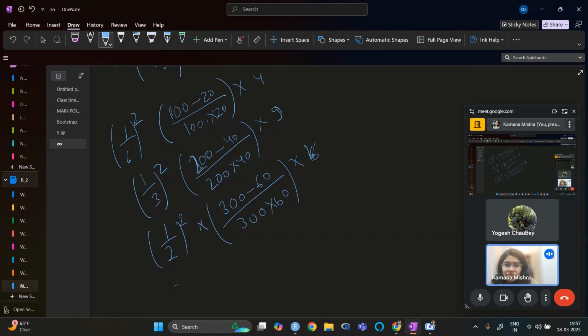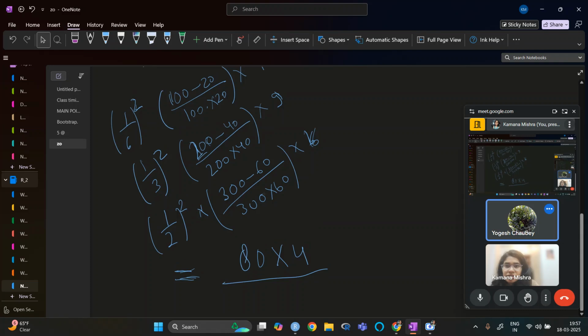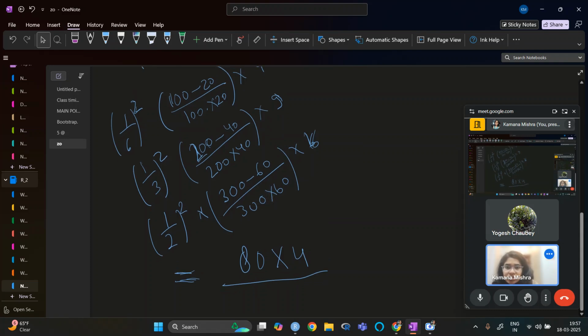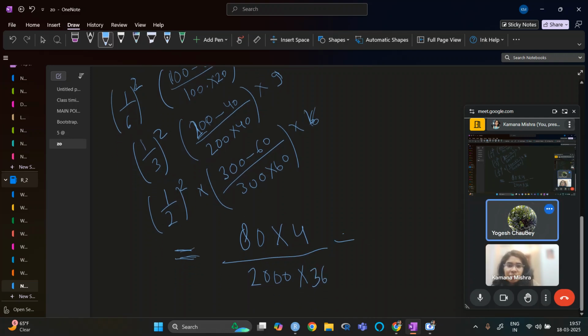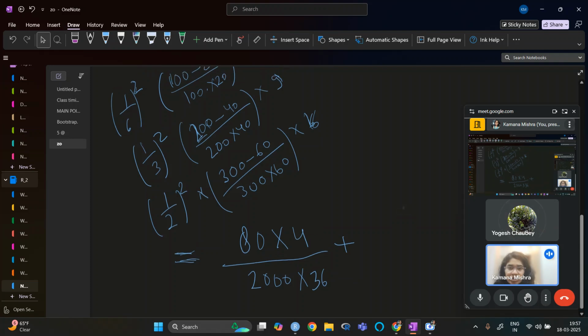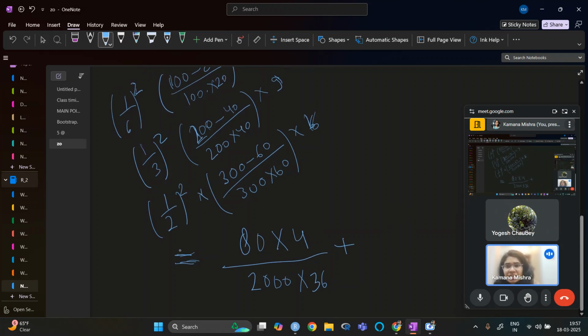If we solve it: 100 minus 20 is 80, 80 by 2000 times 4, divided by 36. Plus, the 9 and the 1 by 3 squared cancel out, giving 160 by 8000.